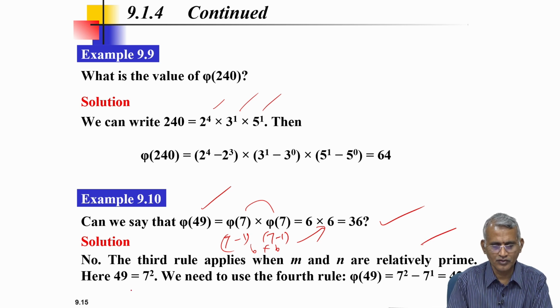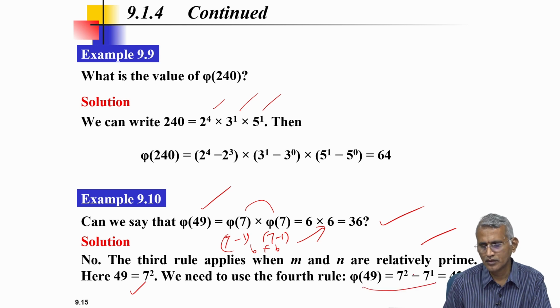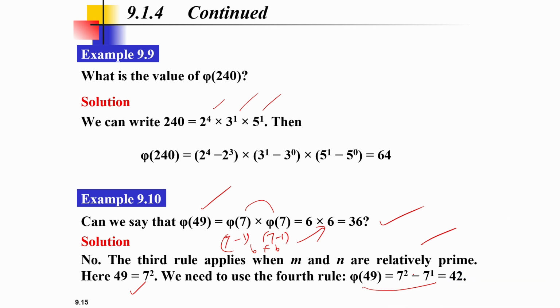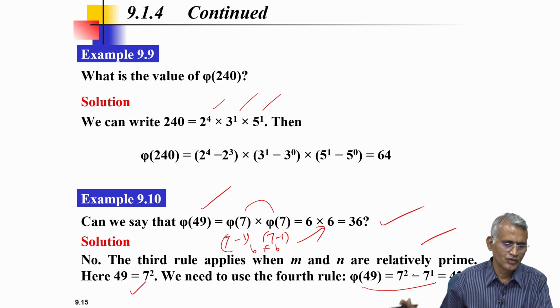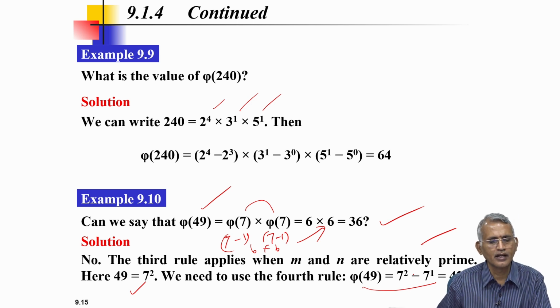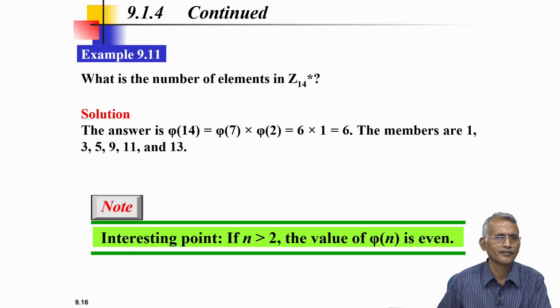Hence, since 49 equals 7 square, we need to use the formula of the fourth rule: 7 square minus 7 power 1, which equals 42. So be careful that the theorem is applied like this. The properties and conditions are most important, because sometimes that is where the fallacy occurs.